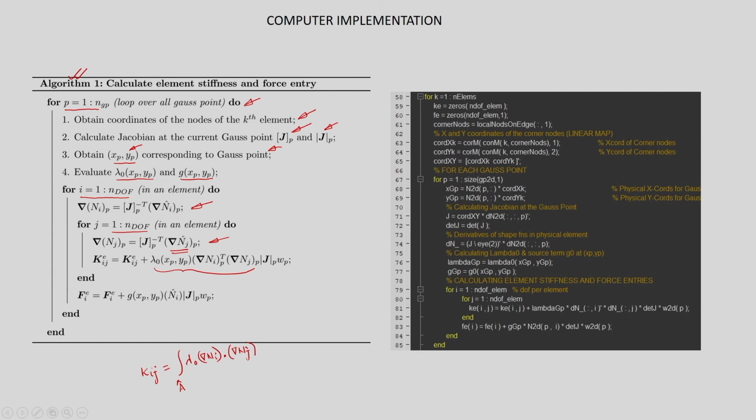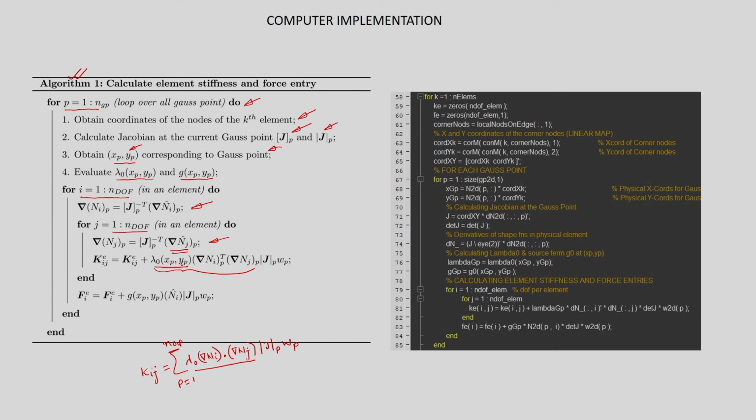Then we multiply with the determinant of the Jacobian calculated at xp, yp, and the weight Wp. Then we replaced this integration symbol with a summation over p running from 1 to the number of Gauss points. This part we have to evaluate at every Gauss point.